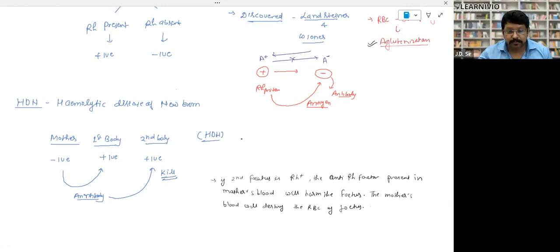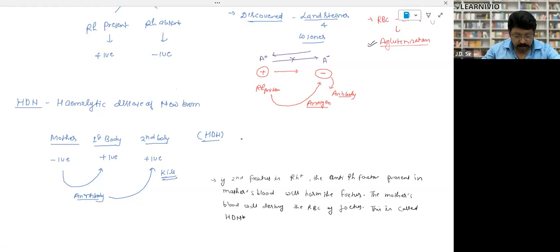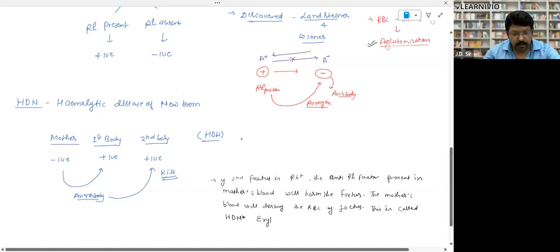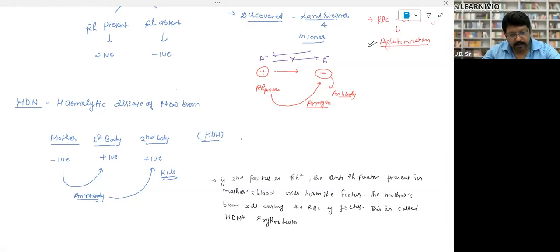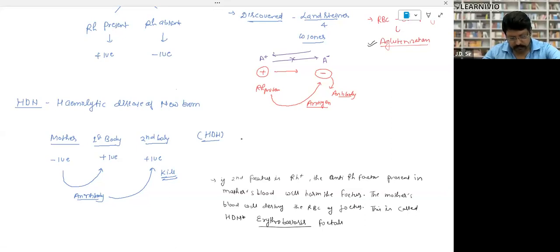This is called HDN, or there is one more name, erythroblastosis fetalis.